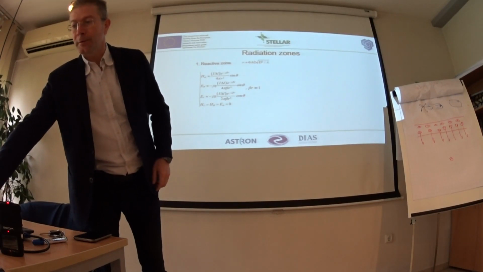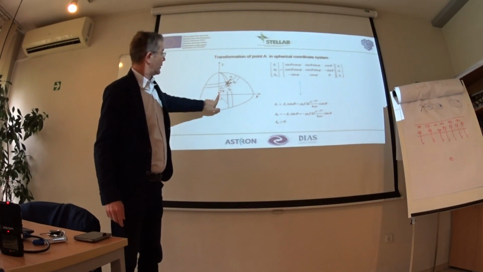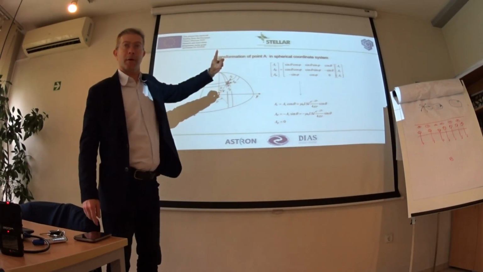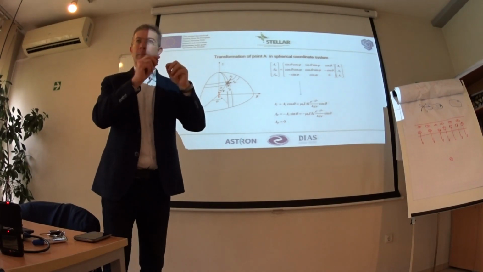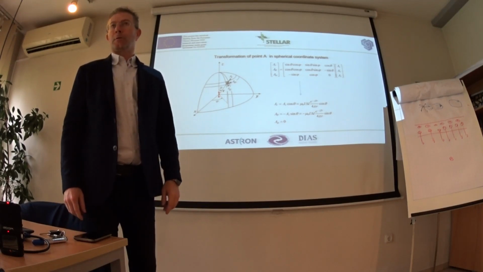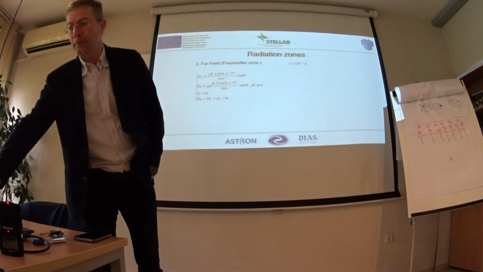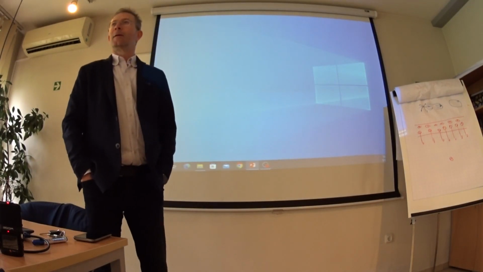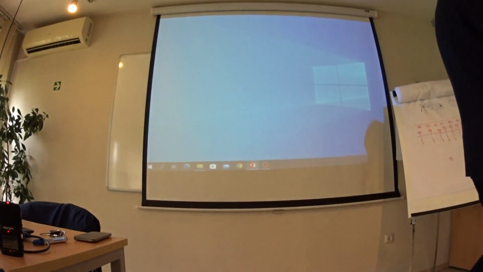In all other zones, reactive and near field, there is a component of the E vector in the direction of propagation, but in the far field, if you're far away from the antenna, there is no more component of the E vector along the direction of propagation. So these are the three distinctive zones, and that's it for the electromagnetic foundations of radiation.